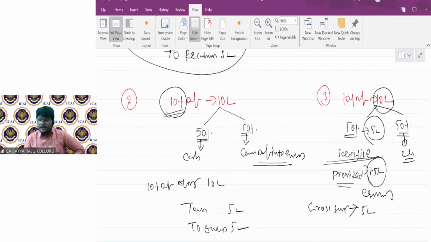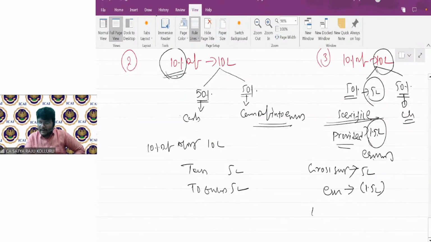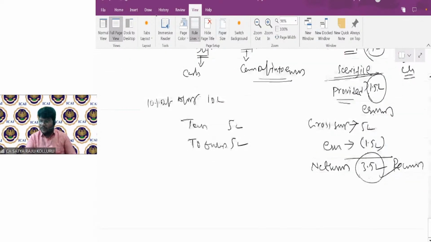But in return, what are they expecting? They are expecting 1.5 lakh worth of equity shares. That's why the net sacrifice made by the debenture holders is 5 lakhs minus 1.5 lakh, only 3.5 lakh. That's why the amount I need to transfer to reconstruction account is not the gross sacrifice. Net sacrifice I need to transfer to reconstruction account. So then what will be the journal entry, sir?